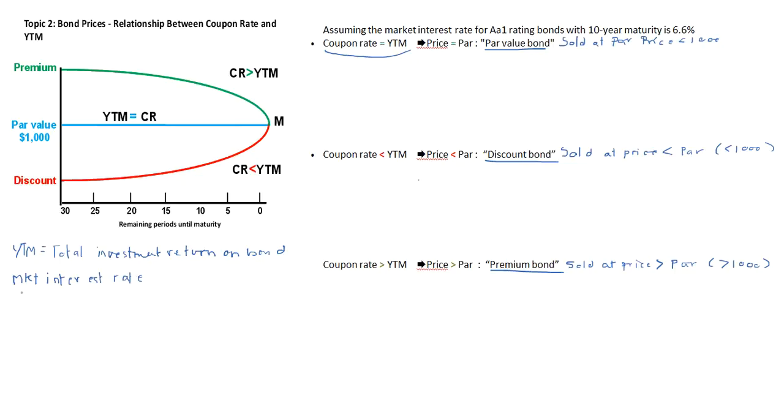So we talk about market interest rate. The word market means it has to be like many assets that combine together. So when we talk about market interest rate on bond, okay, so make it simple.